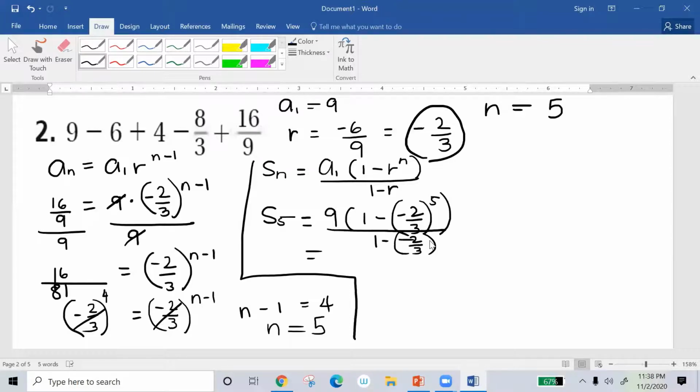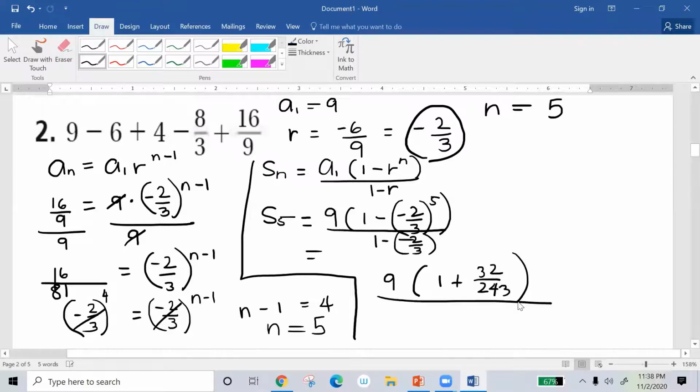Then we have the answer negative. So negative times negative is positive. So the sign here will be plus. So you will have 9 times 1 plus 32 over 243 all over 1 plus 2 over 3.